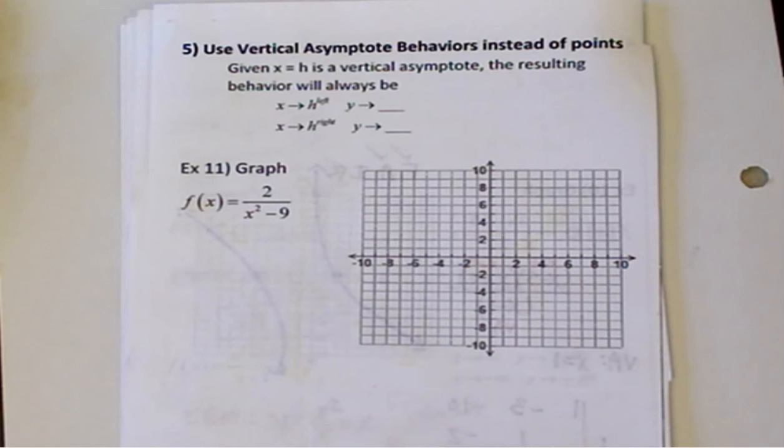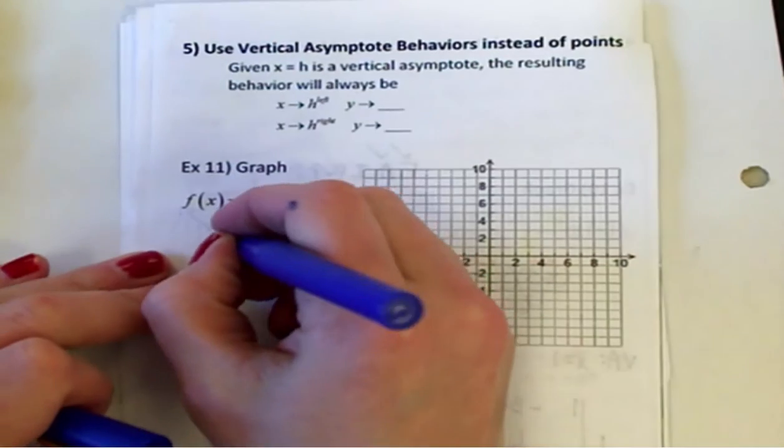X and Y intercepts. Correct. Okay, so that's good to know. Here we go. It's like all about to come together here.